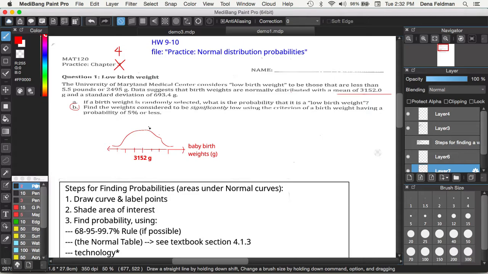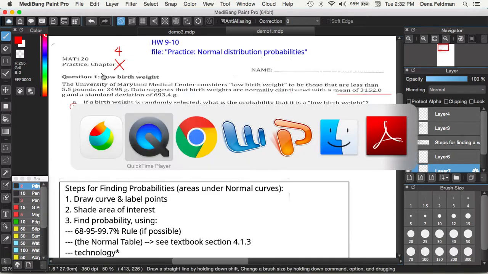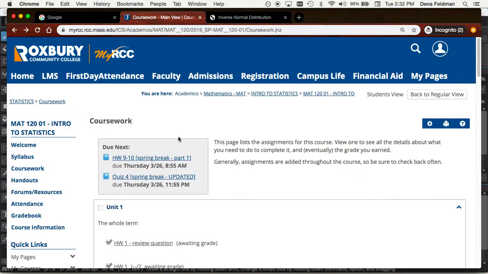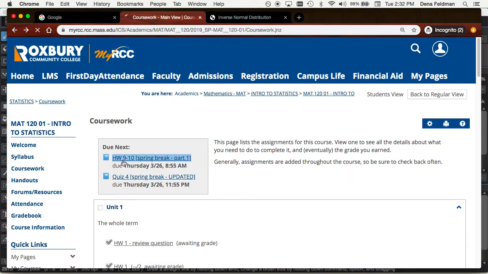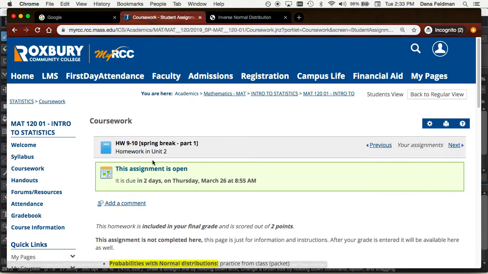So, just some quick notes before starting. This is a picture of the first page of the packet that is part of spring break homework. You can get the packet by going to our MyRCC coursework page, and the homework 9 and 10. I go down to the bottom of the page.